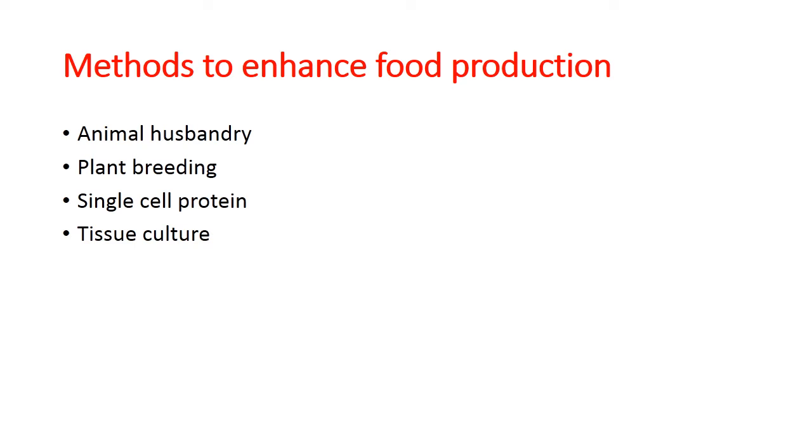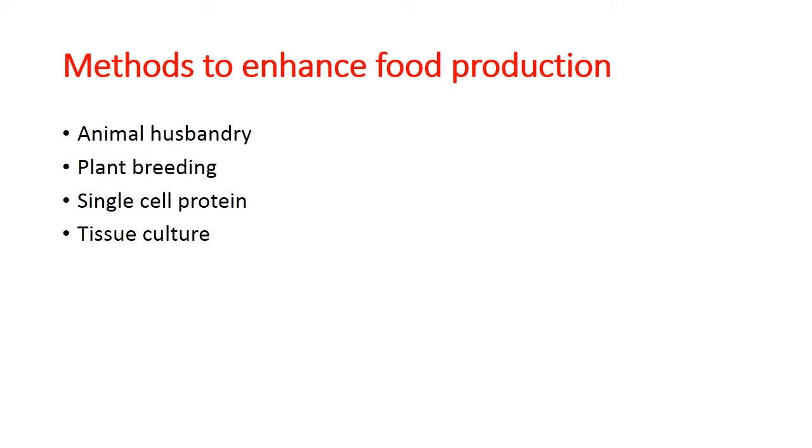Yes, let us study the number of methods used to enhance food production. So one such method is animal husbandry. So under animal husbandry, we will be studying how to enhance the food production from animals. So we have already seen we are directly or indirectly dependent on animals for food.